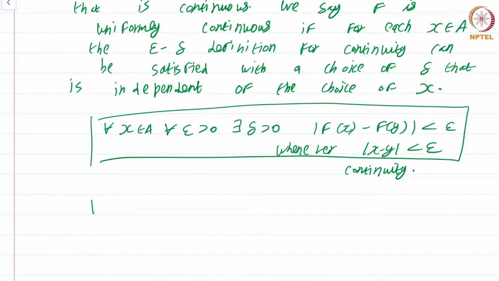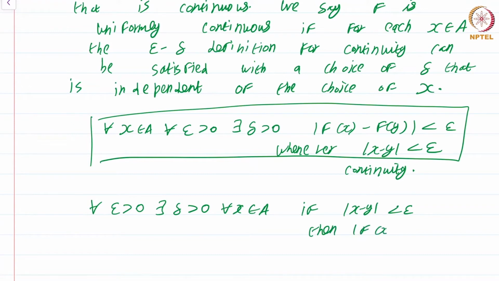So what you do is for each epsilon greater than 0, there exists delta greater than 0 for all x in A. Note what has happened. You fix an epsilon, there is a corresponding delta greater than 0 such that for all x in A, if mod x minus y is less than delta, then mod f of x minus f of y is less than epsilon. Here I made the same mistake.